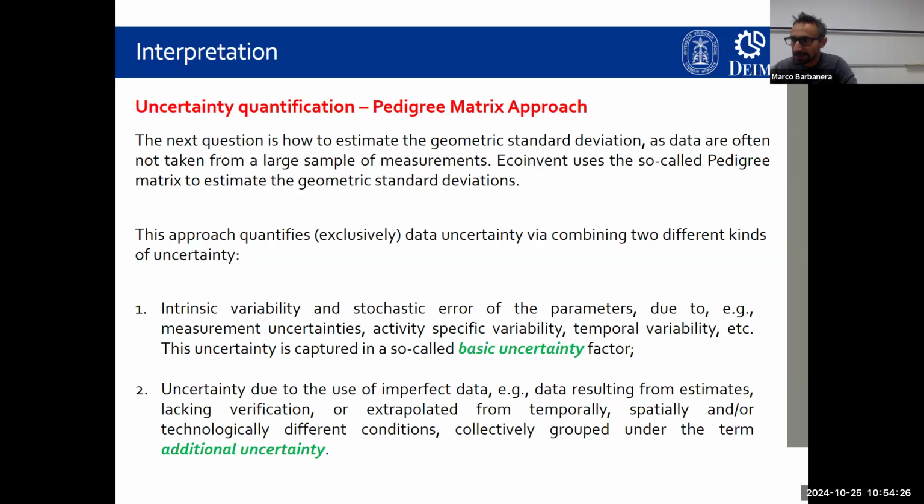Basic uncertainty, as we can read in the slide, is due to the intrinsic variability and stochastic error of the parameters. For example, typically this uncertainty is due to the measurement uncertainties, to the temporal variability, to the activity-specific variability, and so on.